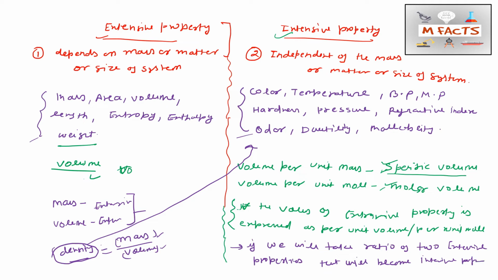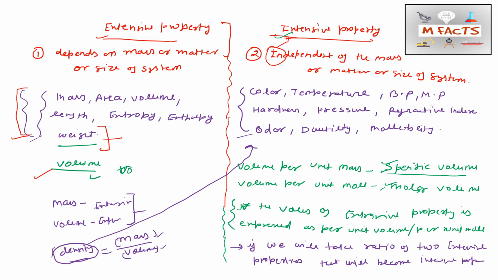These are examples of extensive and intensive properties. This is very important for the GATE exam, for any exam. So we should remember these things, and we can also remember that an intensive property is independent of the mass. The other one is extensive property.